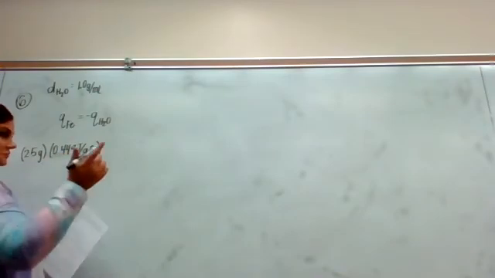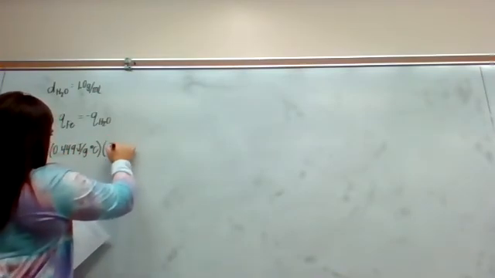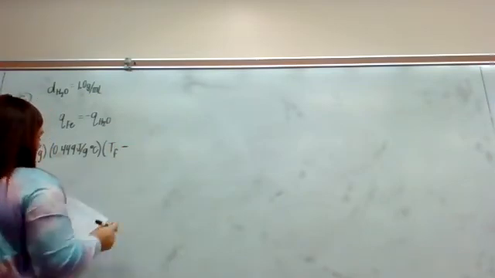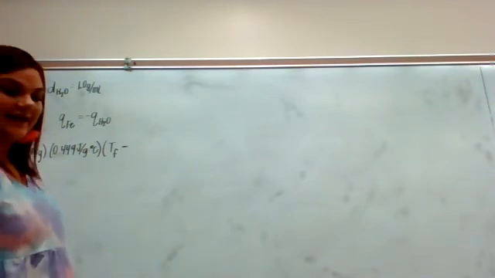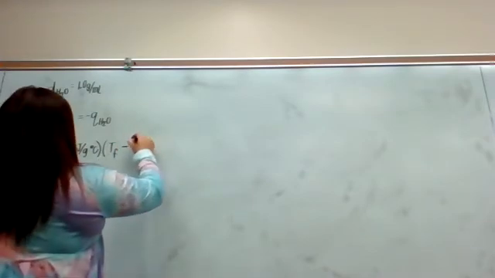It's the same final temperature. So TF, I don't know. Minus my initial temperature of iron, which is 398 Kelvin, I would go ahead and convert to degrees Celsius. So you say 398 minus 273, you get 125.